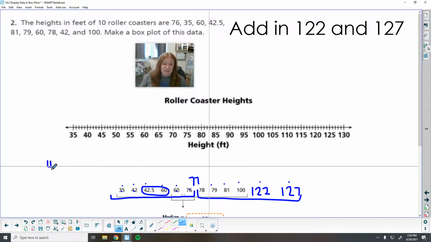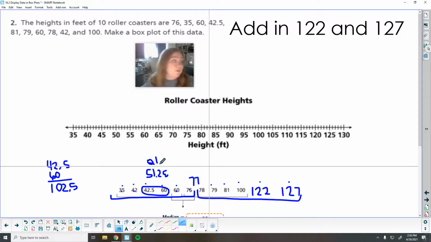And so we're going to add 42.5 and 60 is 102.5. Half of that is 51.25. So Q1 is 51.25.